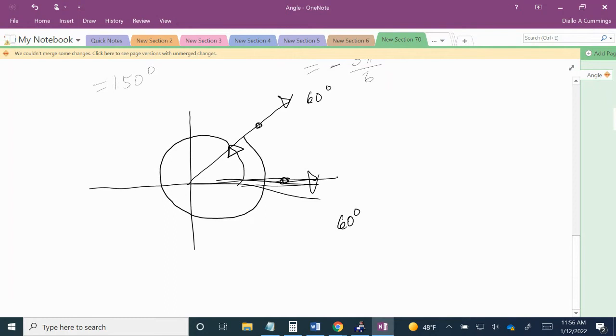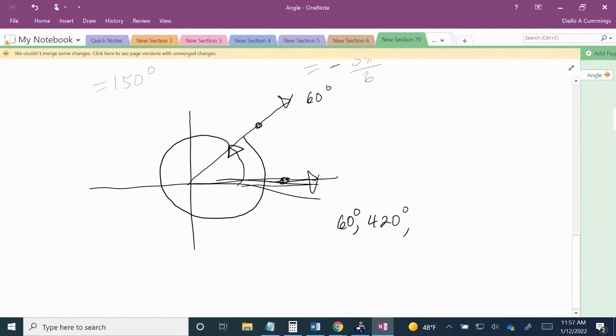If we add 360 degrees to 60 degrees, we get 420 degrees. The 60-degree angle and the 420-degree angle both start at the same spot and end at the same spot. The difference is the number of revolutions.